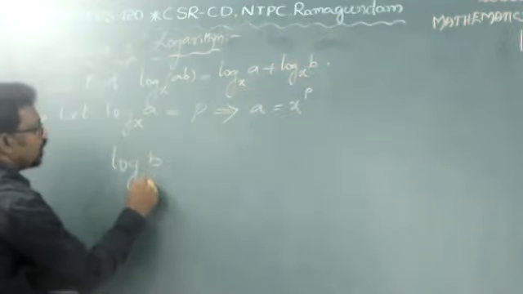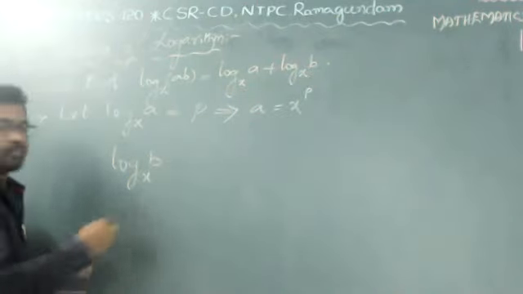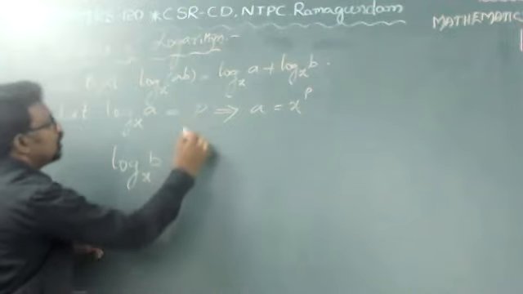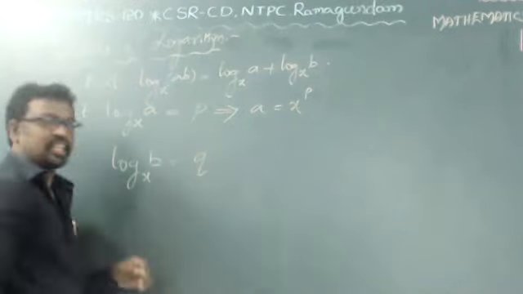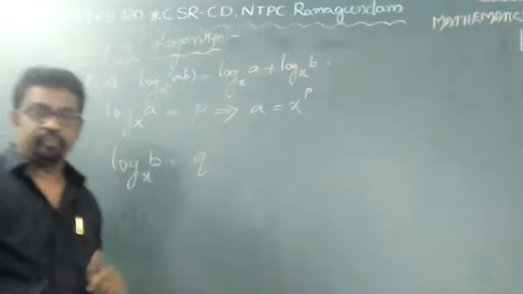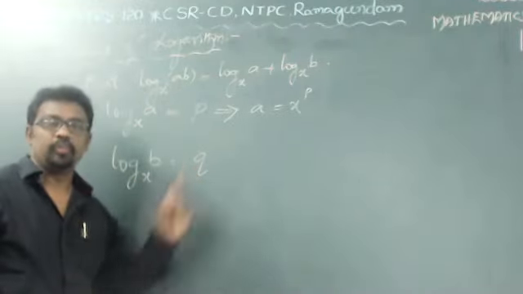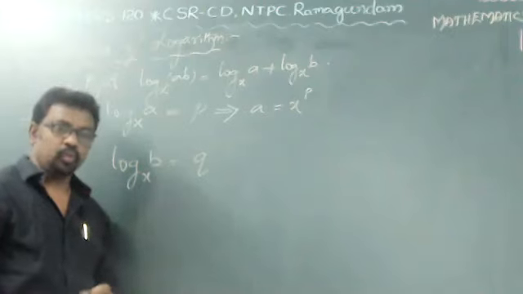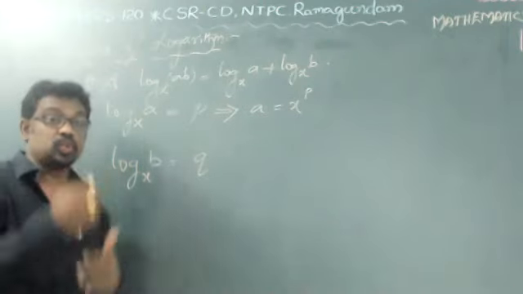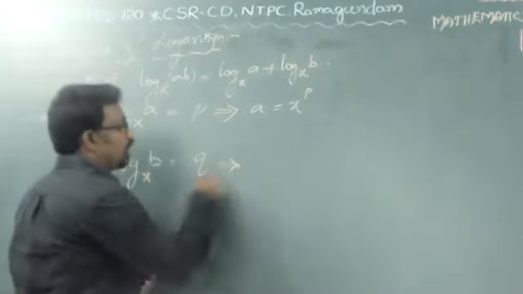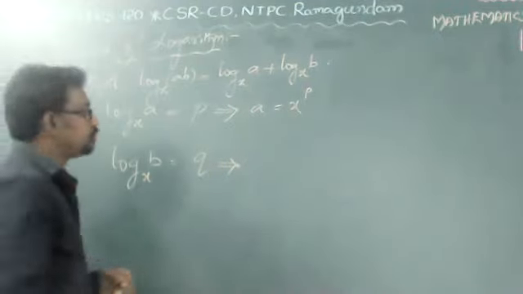Log B to the base x, let us take it as q. Log B to the base x is equal to q. Convert this one into exponential form.